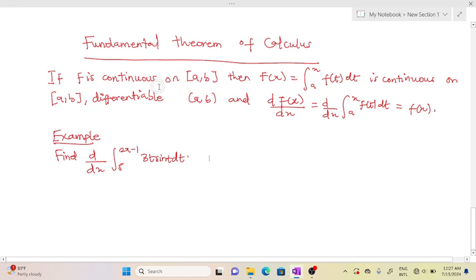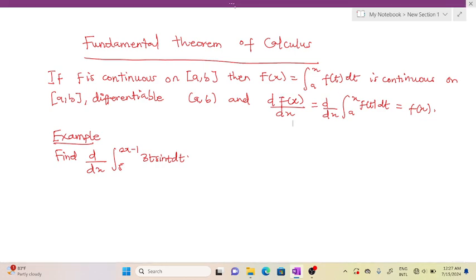If f is continuous on the interval [a, b], then F of x, equal to the integral from a to x of f of t dt, is continuous on [a, b], differentiable on (a, b) as well, and the derivative of F of x, this one is capital F, right?